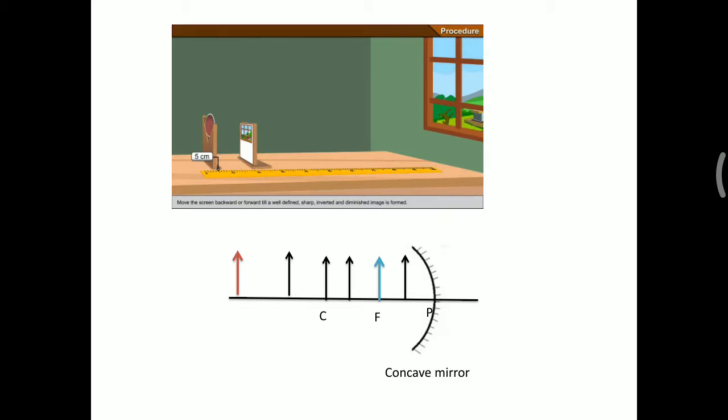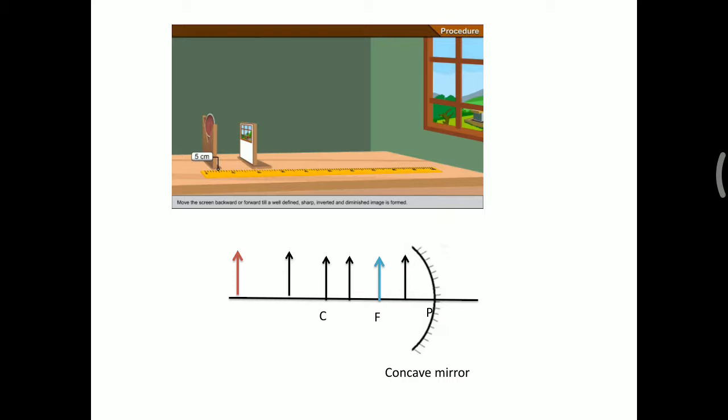Look at this diagram. So how to draw the ray diagram for this diagram? Here I took a concave mirror, so I drew the concave mirror. You know that the center line is the principal axis and the center point of the mirror is the pole; you have to mark the focus and center of curvature. You know that we can keep the object at 6 different positions.